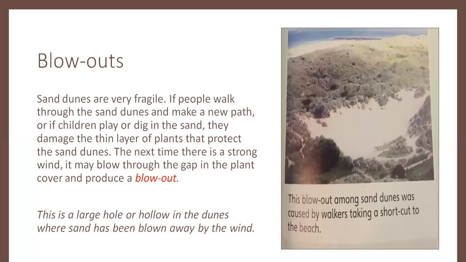Then the next time wind comes, it blows through the gap and produces the blowout. The picture on your right is an example of a blowout. You can find it in your books on page 35, and it says that this blowout among sand dunes was caused by walkers taking a shortcut to the beach. Hope that was clear. Let's hop on to the next slide.